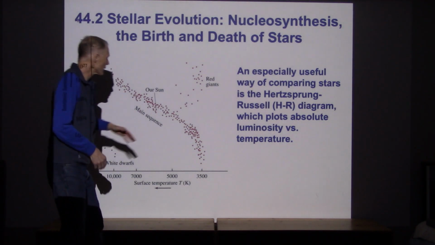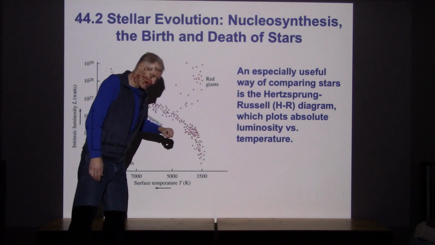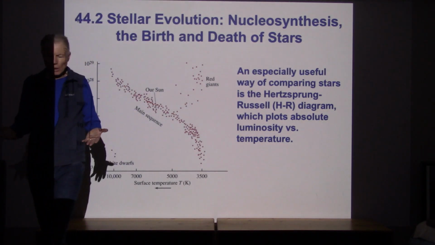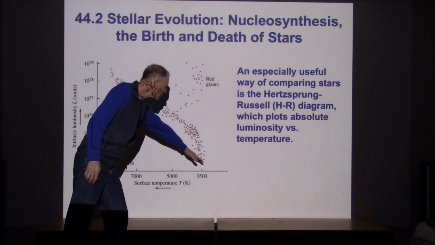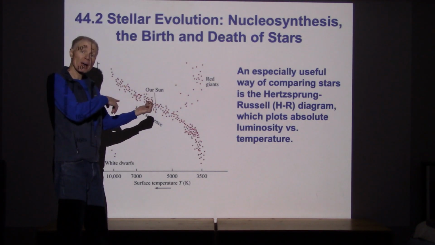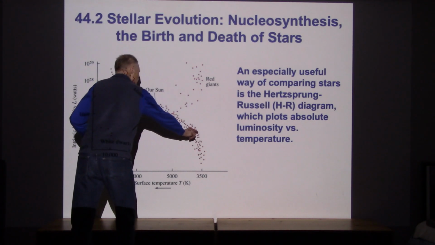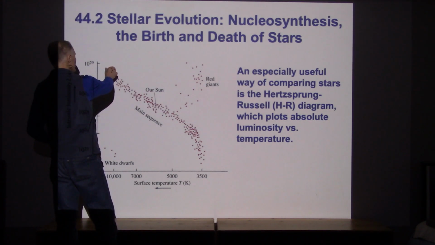And what happens is the stars with low mass are low luminosity and low surface temperature. And then as we move through the main sequence, if we do mass measurements of these stars, we find that the masses are steadily increasing as we move along the main sequence.